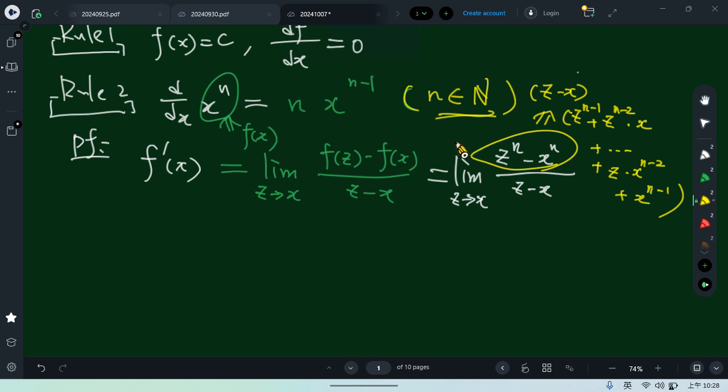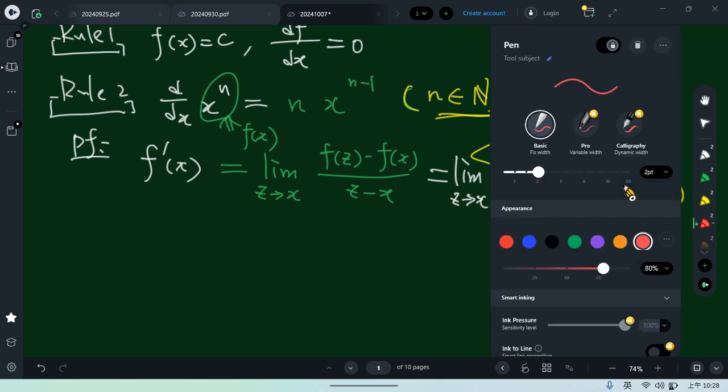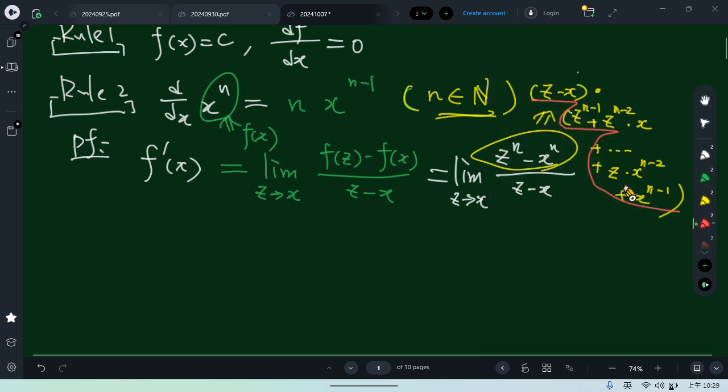You can find that if this factor multiplies all of them, we get back z to the power of n minus x to the power of n. So with this decomposition, we can cancel this term and also this term.